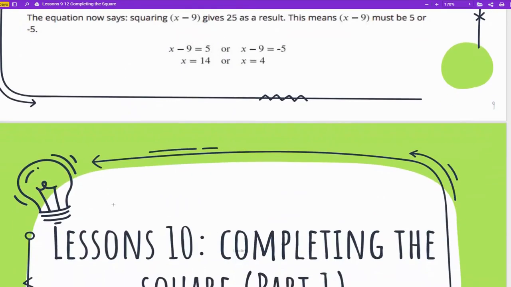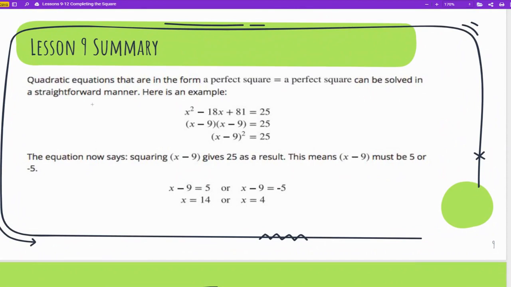And finally, quadratic equations that are in the form of a perfect square equaling a perfect square can be solved in a supremely straightforward manner. This is why we did the warm-up early, where we had the squares on both sides. So here you have x squared minus 18x plus 81 equals 25.